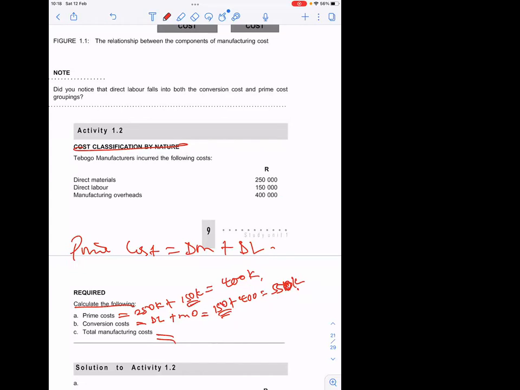So total manufacturing cost is simply your product cost. And what comprises your product cost? It is direct material, direct labor, and manufacturing overheads. So there is the sum, an amount of 800,000. Right. So these are the basics that we are going through, understanding the classification of costs.